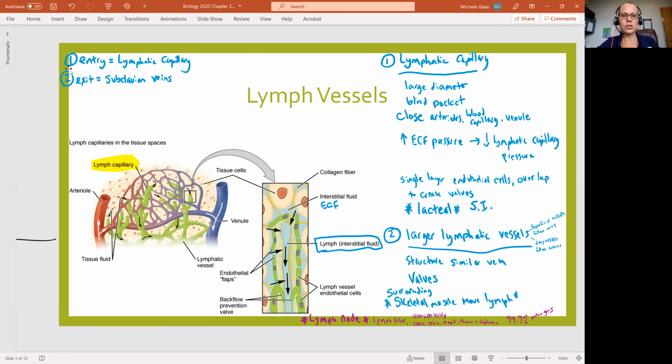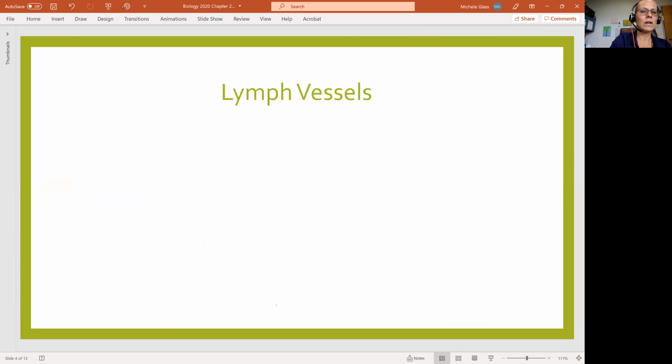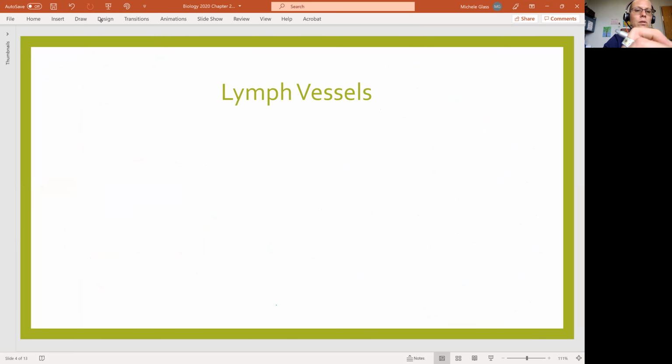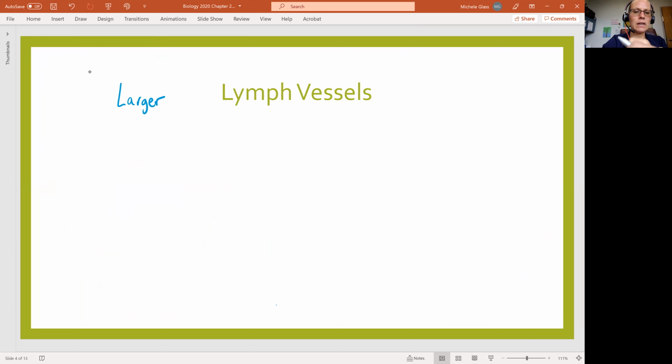From our larger lymphatic vessels, we move into what's called a lymphatic trunk. So let's go ahead and do larger lymph vessels, and then we go into what's called the lymphatic trunk.